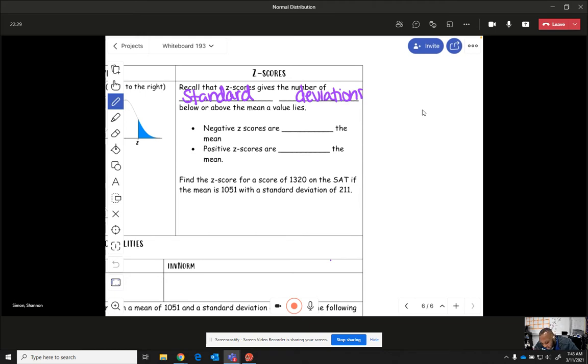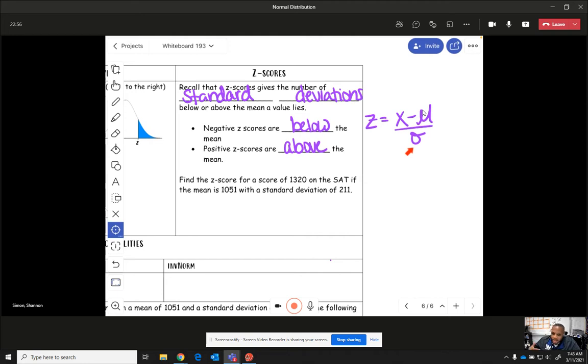Negative z-scores are below the mean, and positive z-scores are above the mean. And our z-score formula, remember, is z equals x minus mu divided by sigma. So I can find a z-score of any curve if I know the mean and the standard deviation.